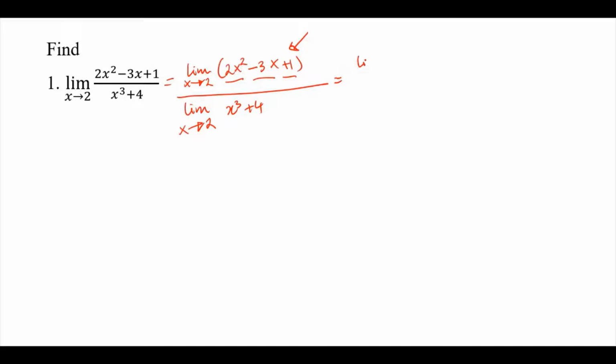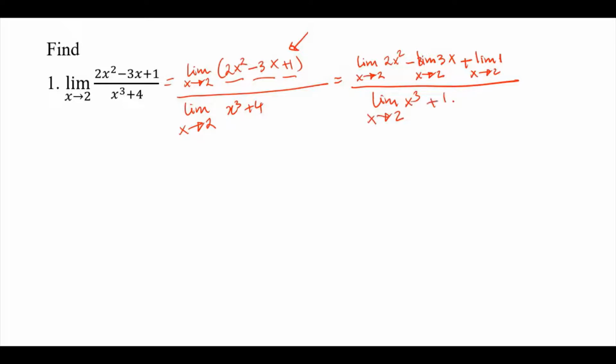So this will be the limit of 2x squared as x approaches 2, minus limit of 3x as x approaches 2, plus limit of 1 as x approaches 2, over the limit of x cubed as x approaches 2 plus the limit of 4 as x approaches 2.